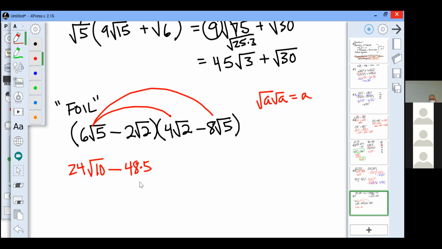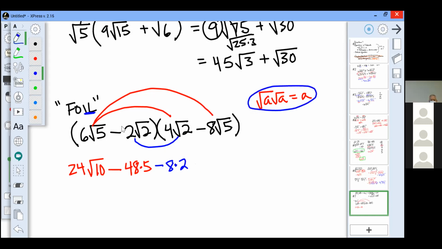That's just 5. Likewise, when we go to the inside, I'll go a different color on the inside last. So the inside is minus 2 radical 2 and 4 radical 2, which is minus 8 times 2. Because I've got the 2 times 4, and I've got 2 square roots of 2, which is 2. Again, that's what a radical means.